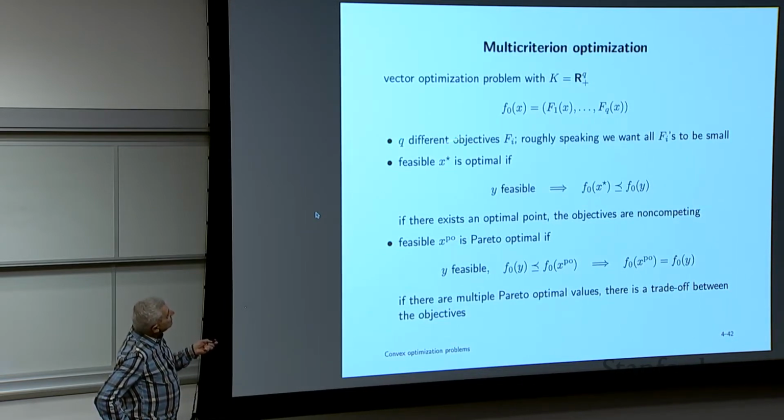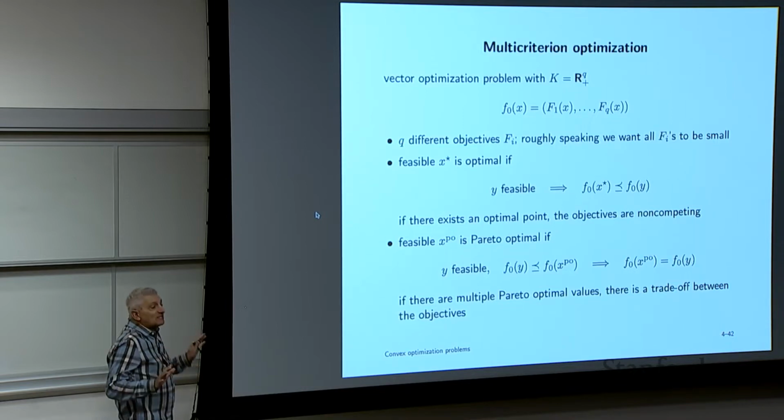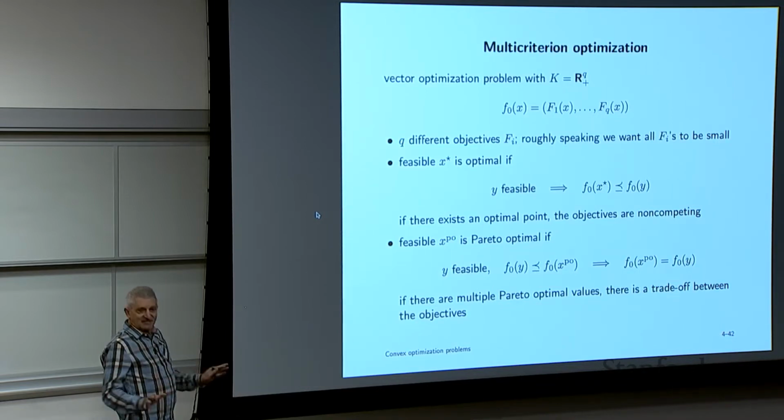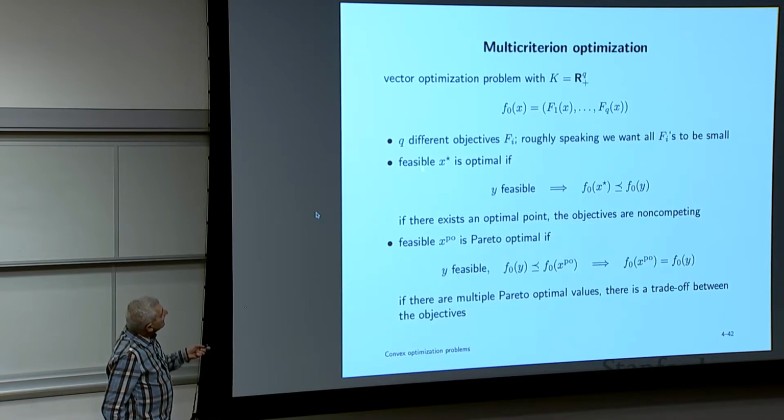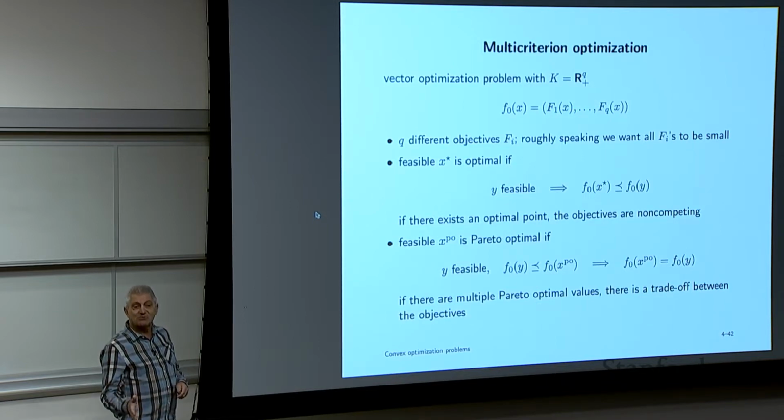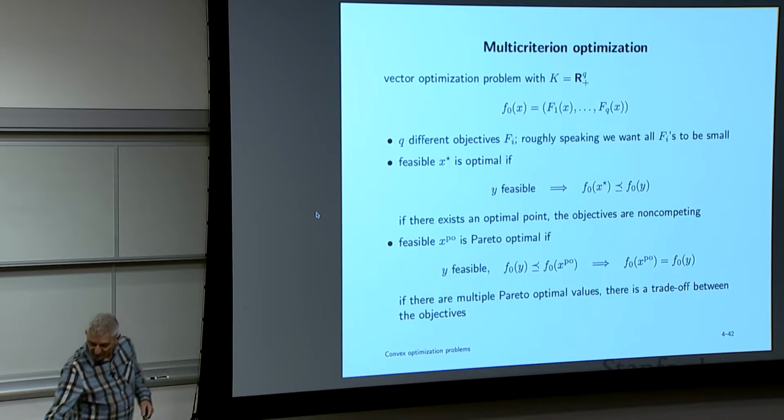If you have these q different objectives, and roughly speaking, you want all of them small. That's the idea, right? And so if you have a point that's optimal, what it means is it's feasible, and basically there is a choice of x where it minimizes F1 and it minimizes F2 and it minimizes F3 and it minimizes all of them, right? It simultaneously minimizes all of them.